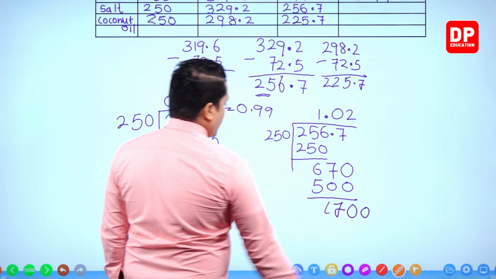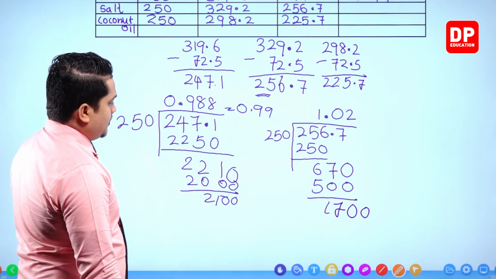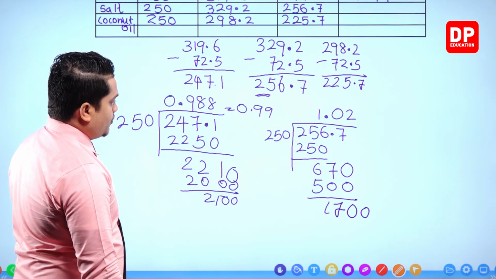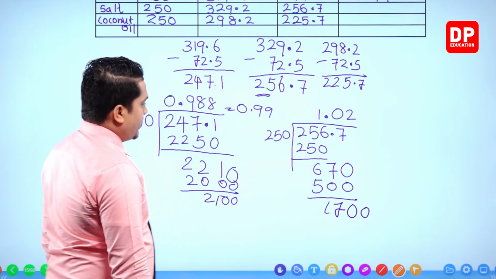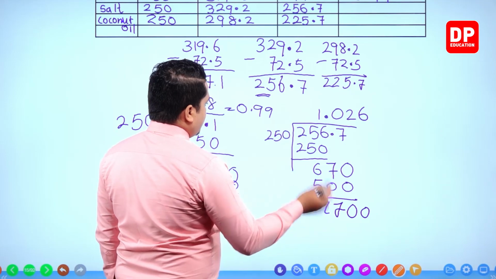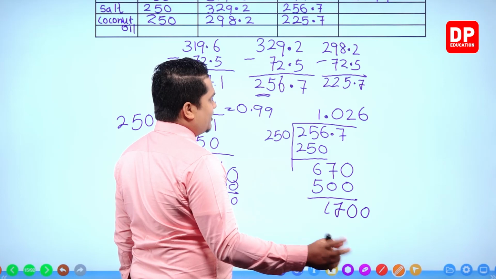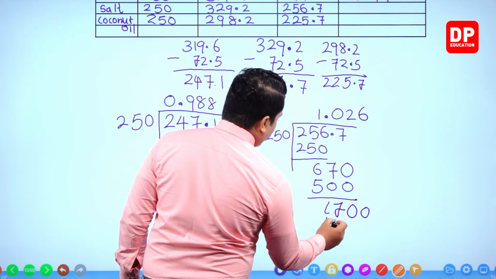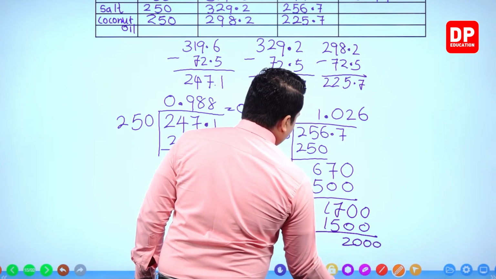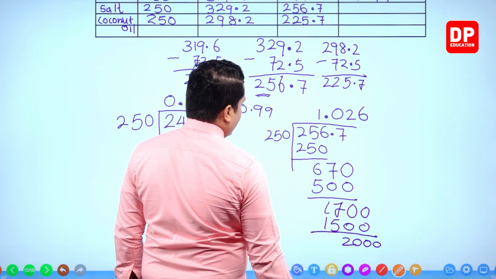Then for 1700, 250 times 4, 5, right? There's 6. So 6 times 250: you know that 250 times 4 is equal to 1000, another 2, so 1500. The remainder is 200, right? You put 0 if you want. Then you divide and get the answer.